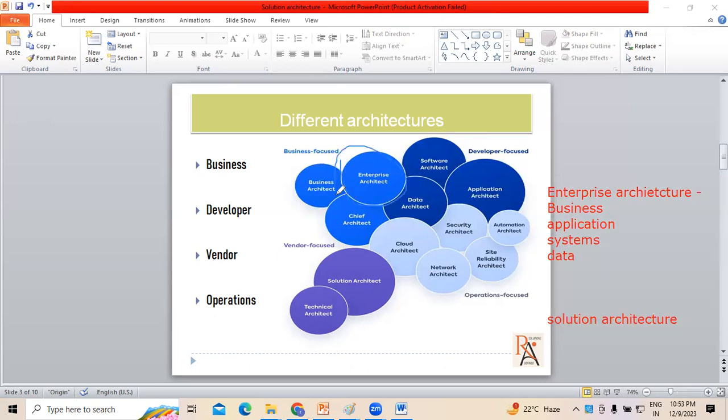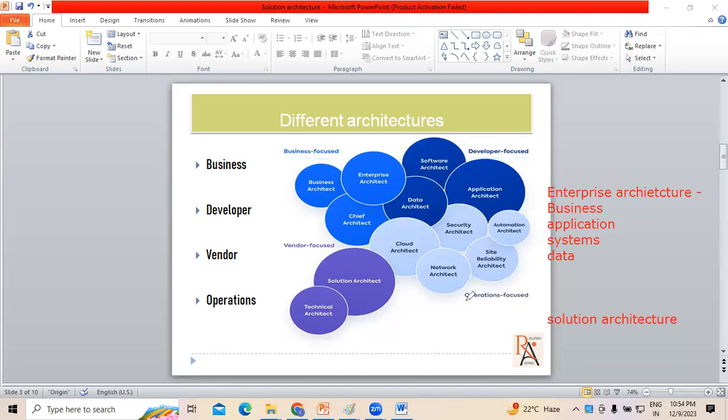When you see this enterprise architecture, business architecture is part of it, software architecture is part of it, application architecture is part of it, data architecture is also part of it. So everything is connected to the enterprise architecture, right? This is where business focused as well as developer focused are involved.